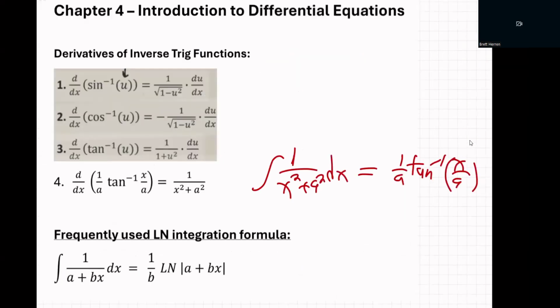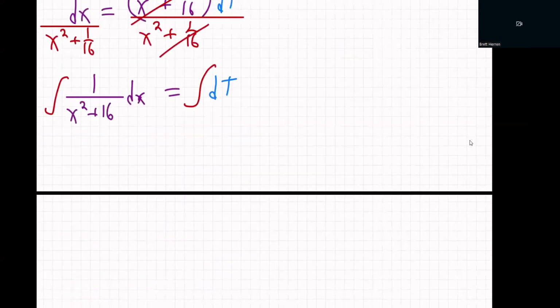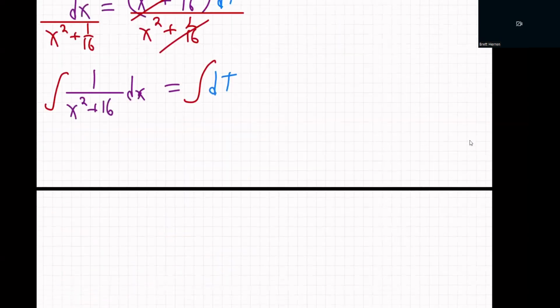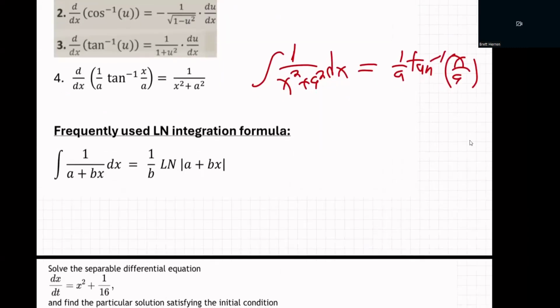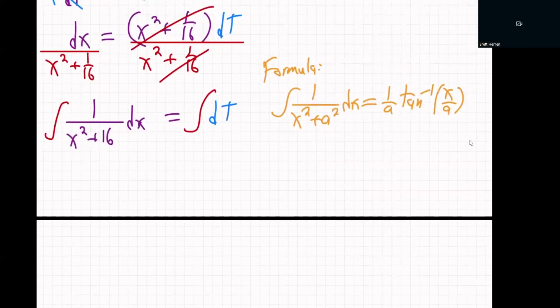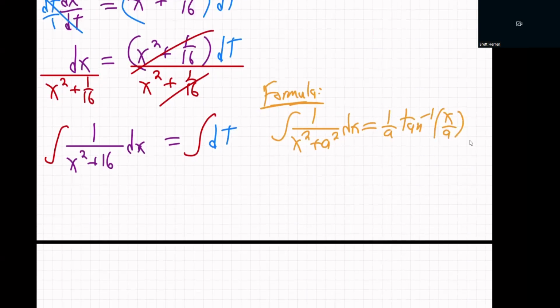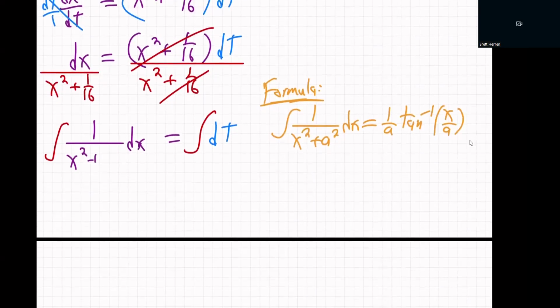So the formula says the integral of 1 over x squared plus a squared dx is 1 over a inverse tangent of x over a. Okay, so there's the formula. I gave it to you to help out for this very problem. Oh, and I messed this up, didn't I? This should be 1/16, not 16.